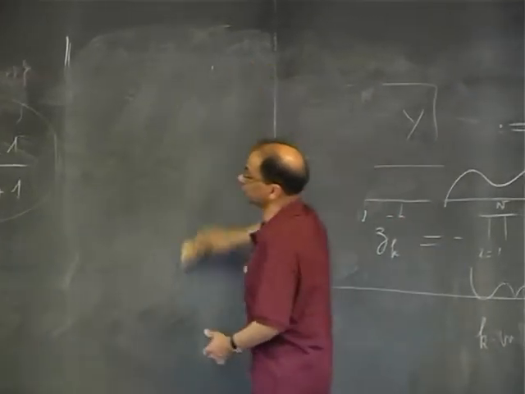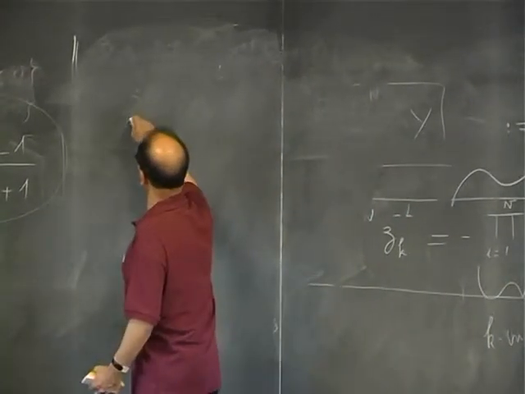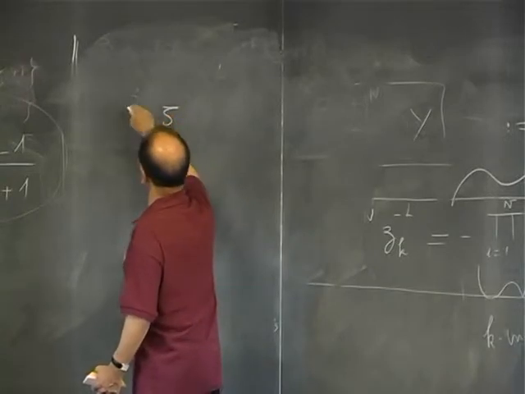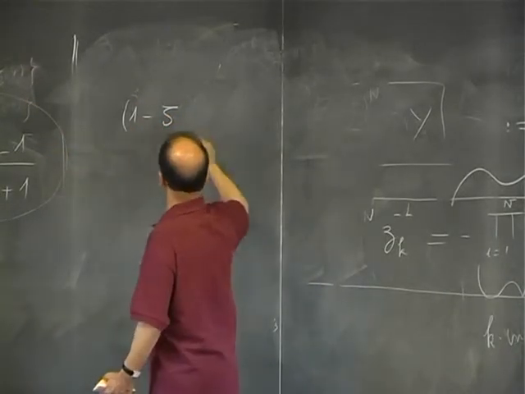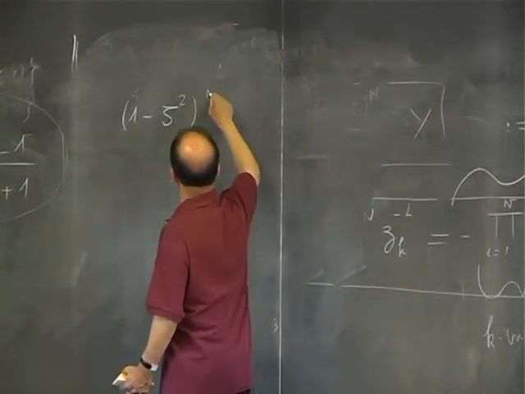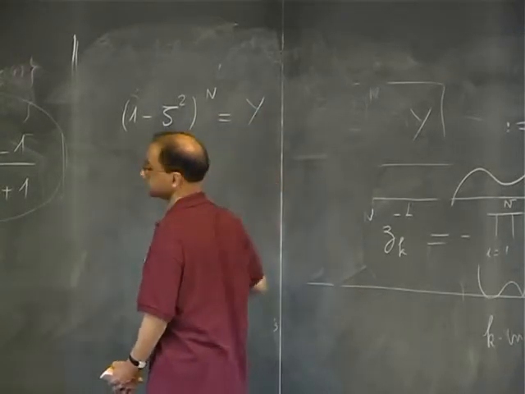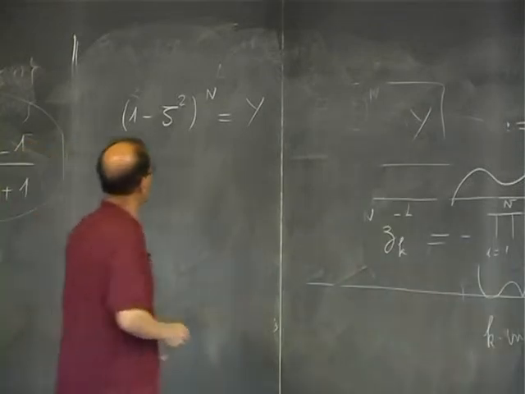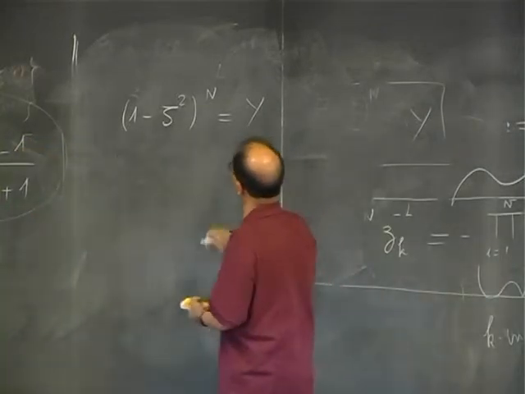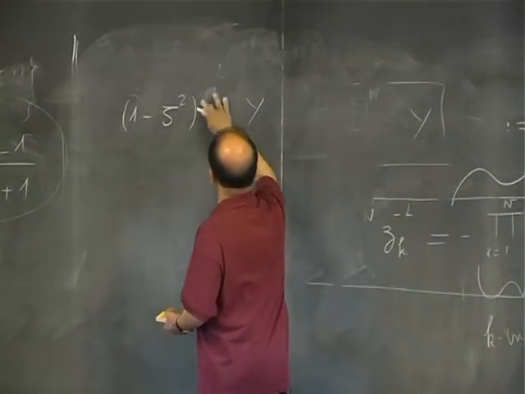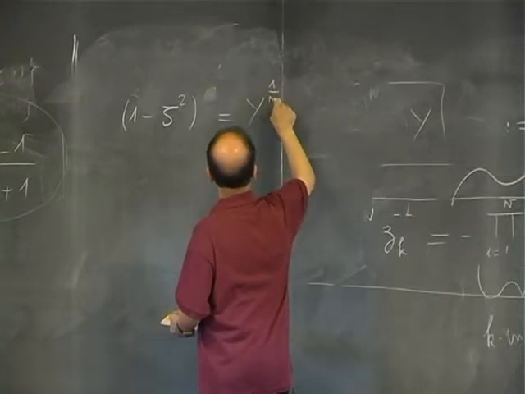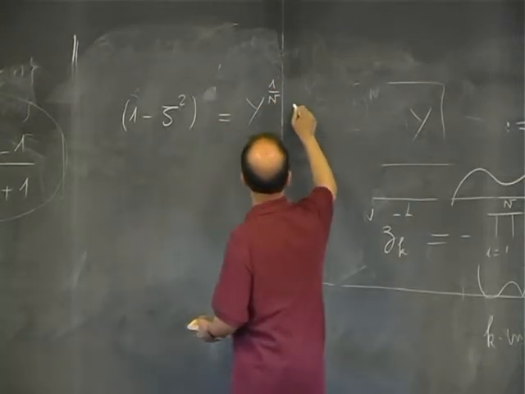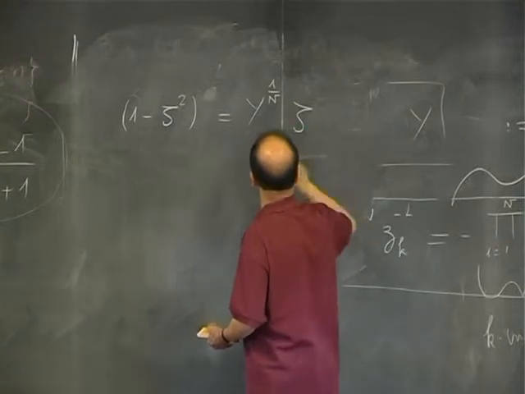We have just to solve the following equation: 1 minus zeta I, but let's forget about the I, square to the power n is equal to y. Okay? But this we know how to solve. This is just taking the nth root here. Of course, there will be some root of unity.